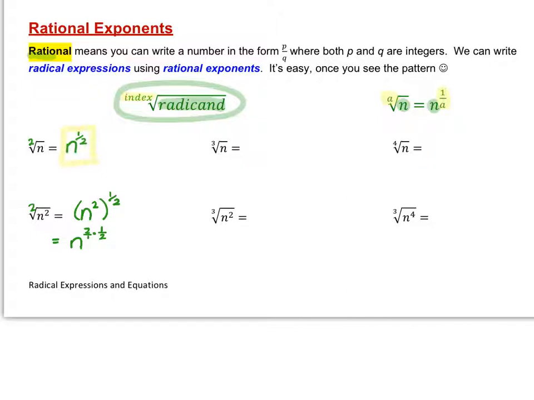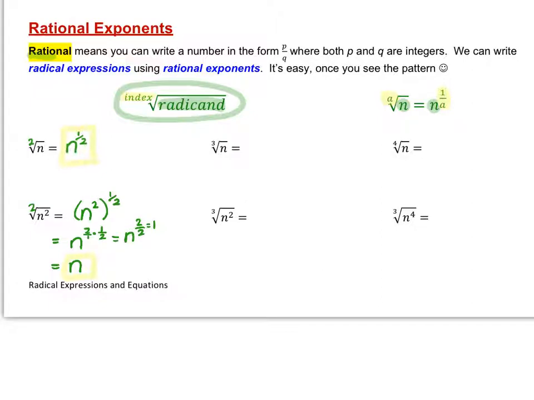We know 2 times 1 is 2. 1 times 2 is 2. We're going to end up with n to the 2 over 2, which means 1, n to the first power. So this is going to be a result of n. So the square root of n squared gives us n. We might have already known this, but this is another way that you can show it and you can prove it using our exponent rules.